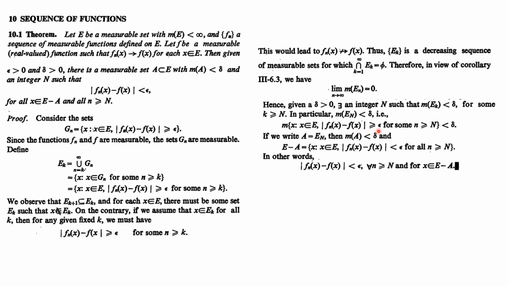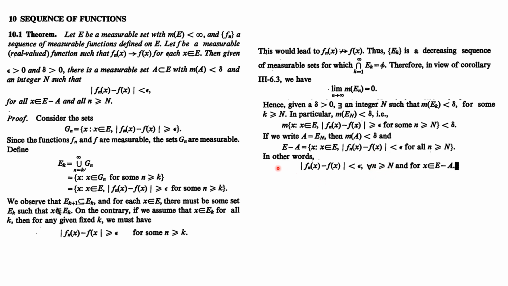If the En set is all those points where this is greater than or equal to epsilon for some n, then the E minus A set will be that set which contains all those points of E where the mod of fn(x) minus f(x) is less than epsilon. For some will be replaced with for all n greater than or equal to capital N. It means this thing holds for all x belonging to E minus A and for all n greater than or equal to capital N.